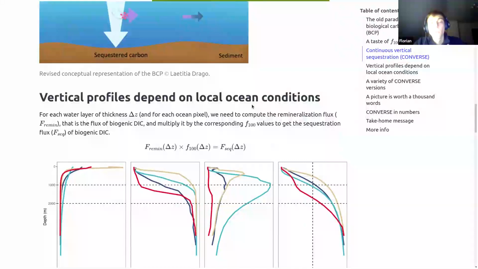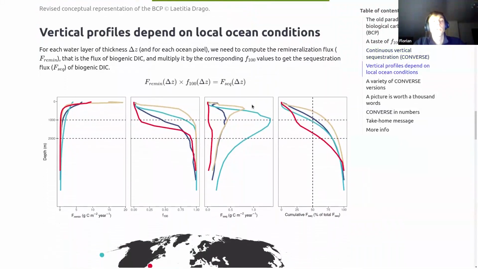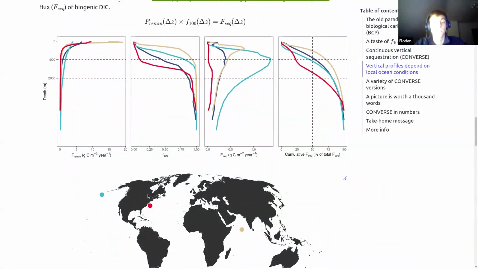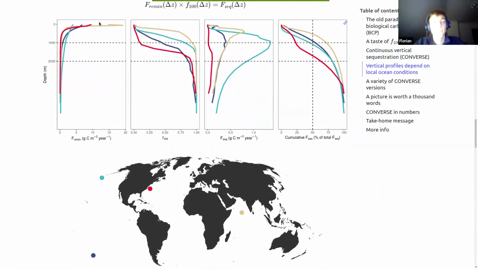So how do we compute this sequestration flux? I'm showing you here different kinds of profiles. Basically, we have the F factor that comes from the model for each pixel on the map and for each depth. But we need to compute the remineralization flux. And here I'm showing you different kinds of remineralization fluxes in 4 different regions. So you see that you have different strengths, so to say, of remineralization flux here on the left.